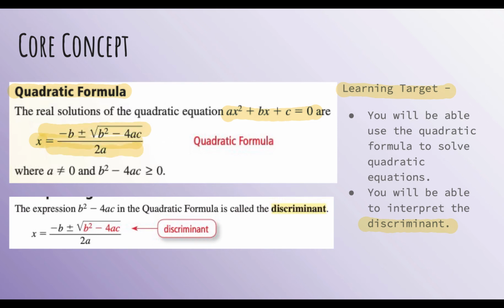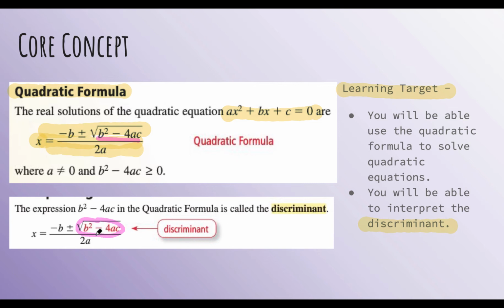And now that you've taken the time to write down the quadratic formula, let's take a look at a particular part of it. If we look at this portion underneath our radical, b squared minus 4ac, this portion of the quadratic formula is called the discriminant.